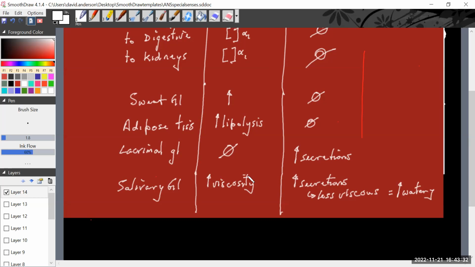The salivary glands still produce some saliva, but its composition changes, so it becomes a little more sticky, increased viscosity. So in this case, the salivary glands are dual innervated, but the results are sort of variations as opposed to opposites.